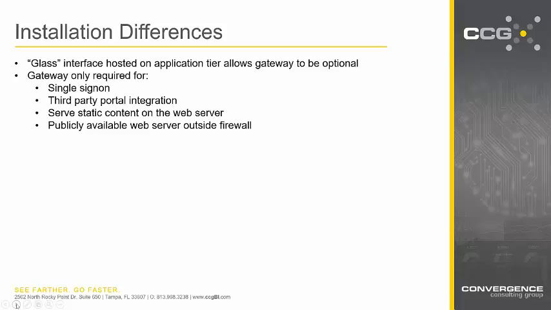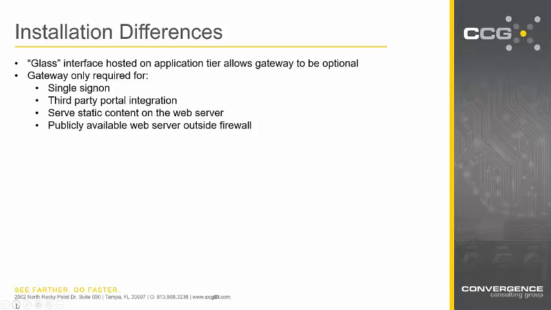They've created something they're calling the glass interface that's hosted on the application tier, and so that allows your gateway to be optional, so that you could set up and have a single application server, content manager, and just go with that. Your URL is a little different, where you're hitting the dispatcher URL as opposed to a gateway URL. Of course, that can be changed as well, to have some sort of redirect.